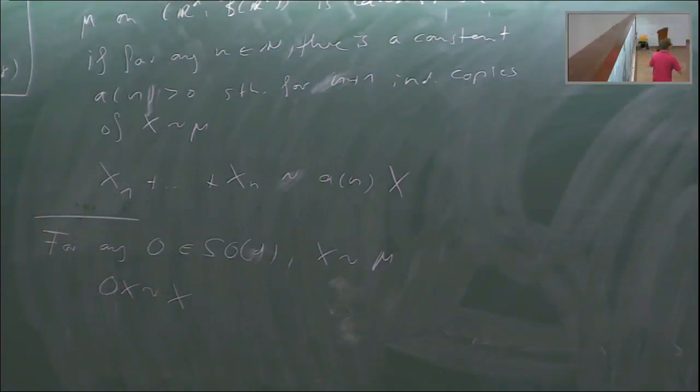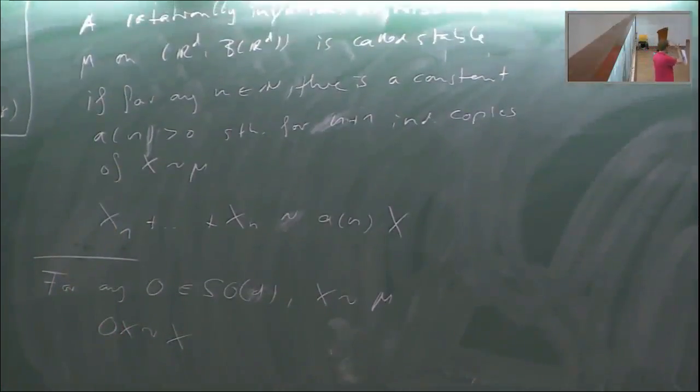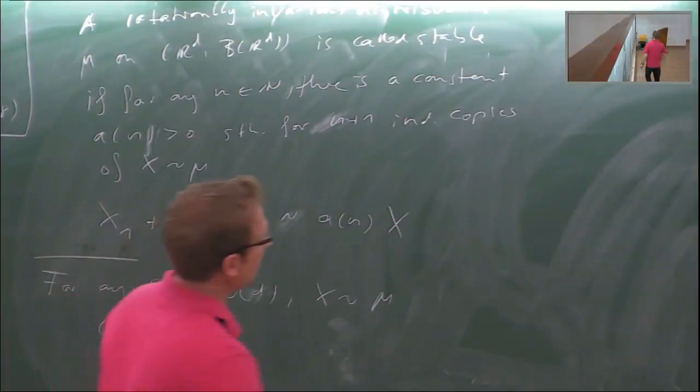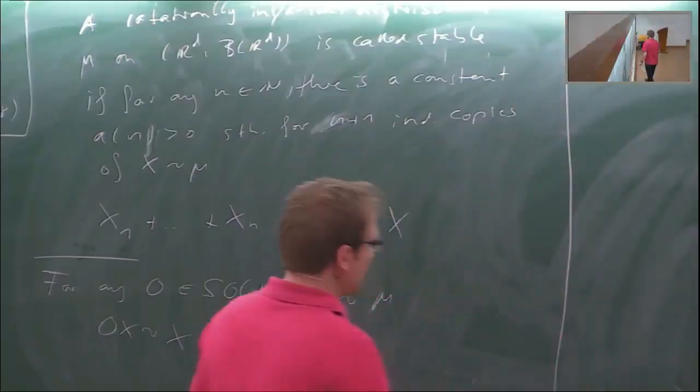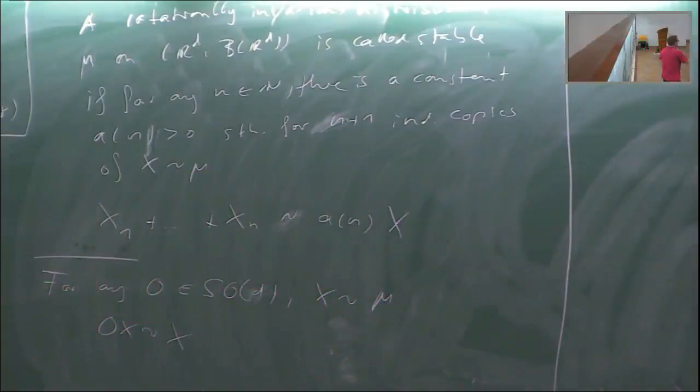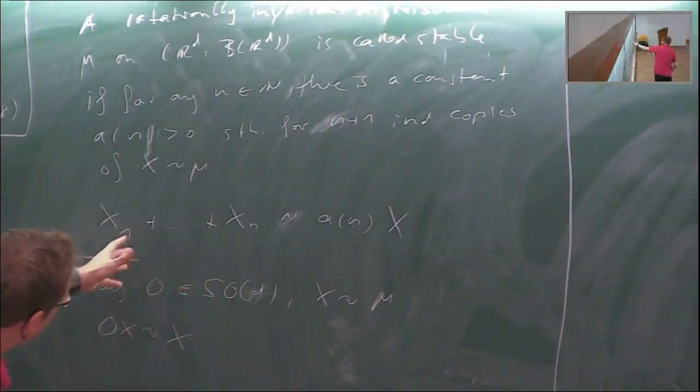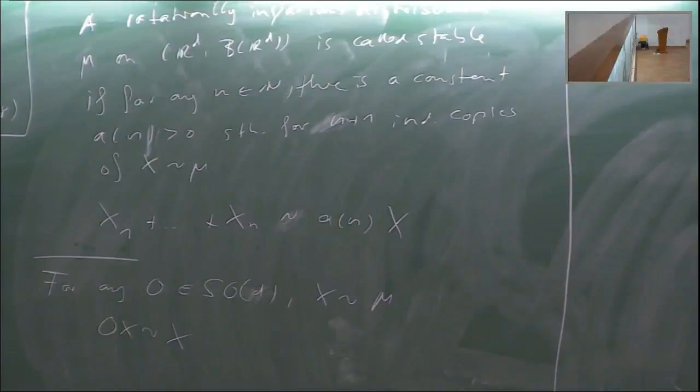Okay, so this means whenever you just rotate everything around, the distribution does not change. This is the strongest version of symmetry you can get. Symmetry means that you only have symmetry with respect to the origin, but this is actually with any kind of rotations.